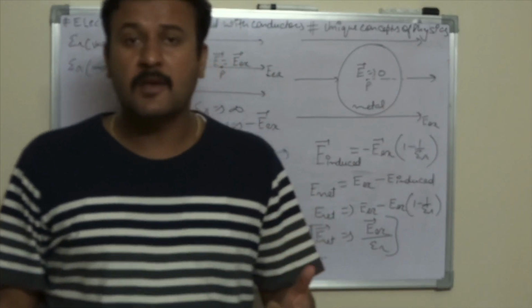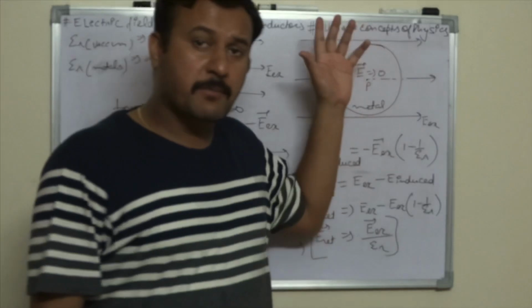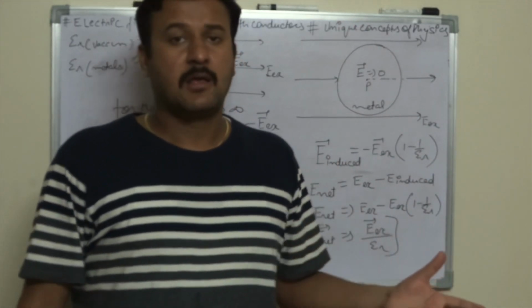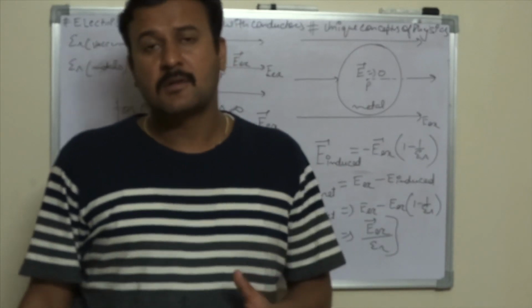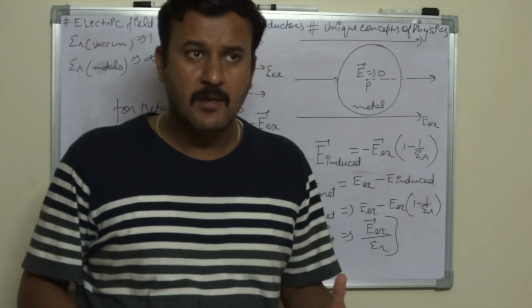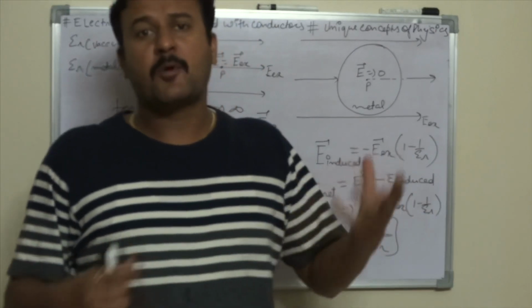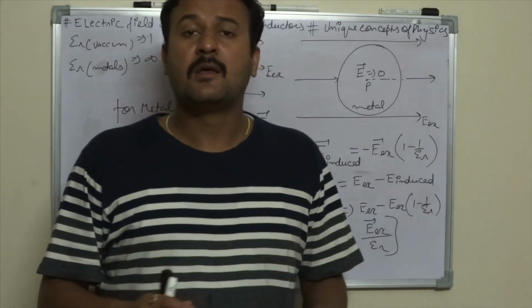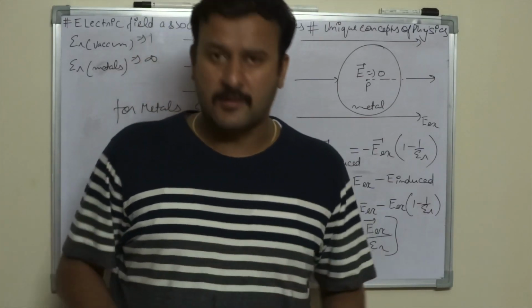And why I am saying so? Because the permittivity of metal is infinity, which means that metal easily allows the field lines to pass through them, and hence any point which is situated inside the metal should have the same field as was in vacuum.